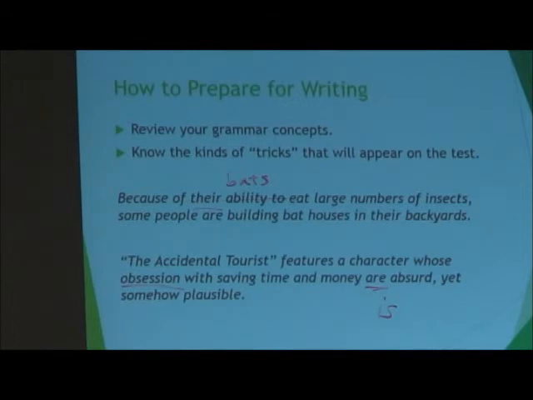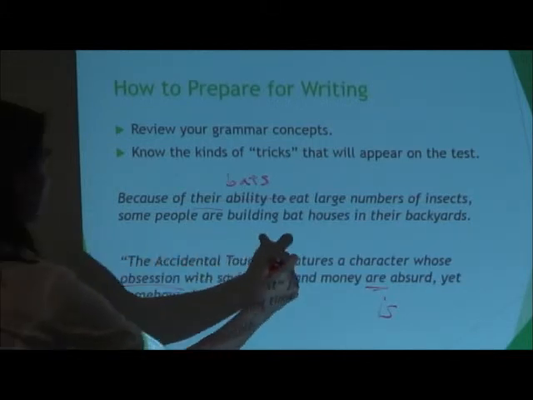So one thing you want to pay attention to when you do grammar is pronouns. If there are any comparisons, you want to pay attention to that because they have comparison questions. But the other thing you want to pay attention to is the basic structure of a sentence: subject, verb, object, right? Are those three things there? So we actually have two verbs in the sentence. What's our first verb? Features, right?